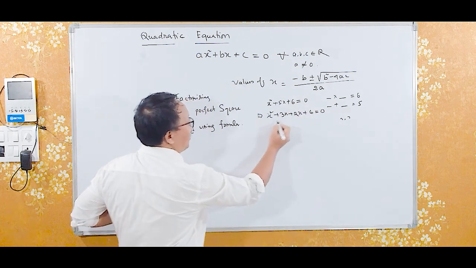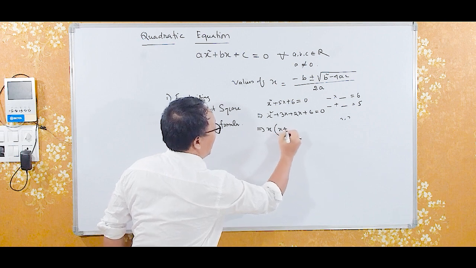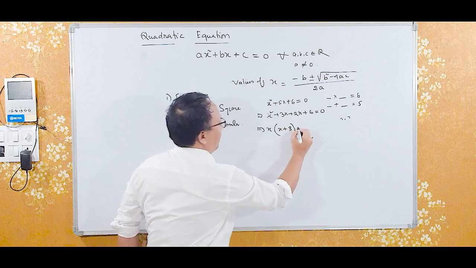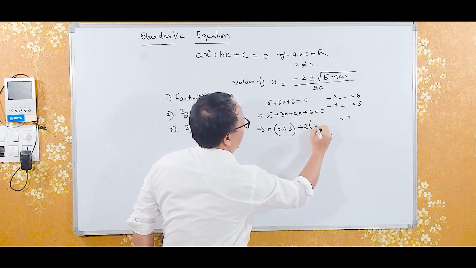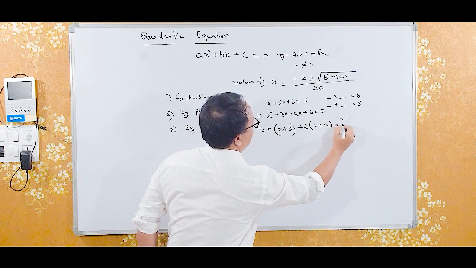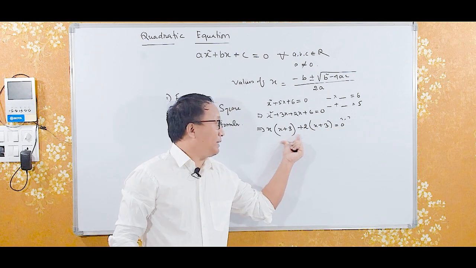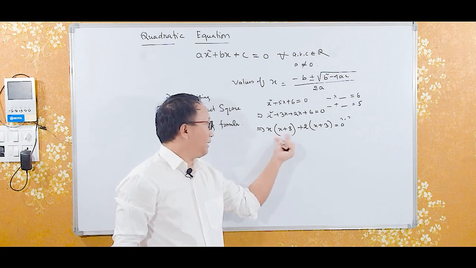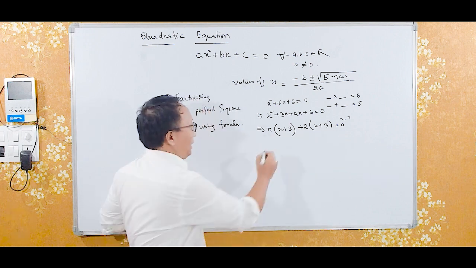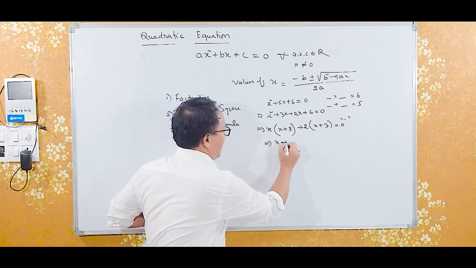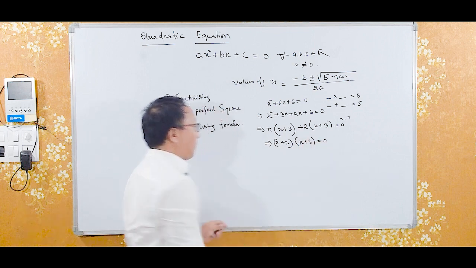So from this equation, I can take x common: x(x + 3), plus from the other terms I can take 2 common: 2(x + 3) = 0. Now we can take x + 3 common, so we get (x + 3)(x + 2) = 0.